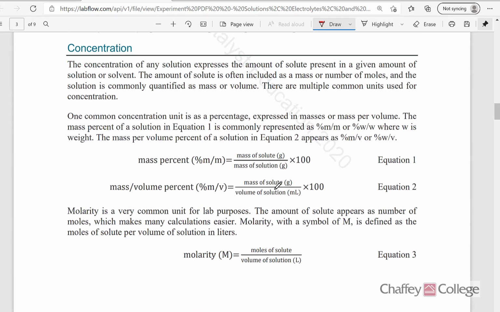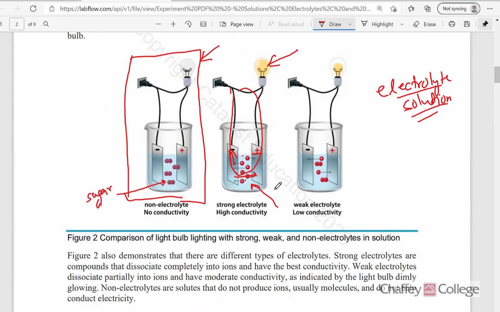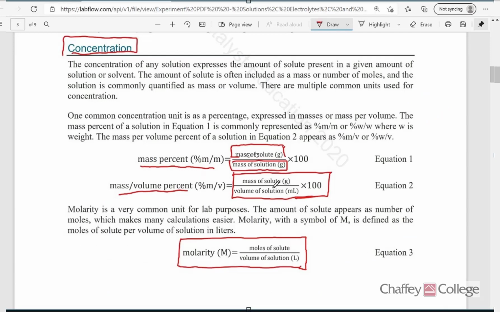In the final section of this lab, we will calculate the concentration of various solutions. Concentration can be calculated in various units. Most of the concentrations are ratios. For example, mass percent concentration is the ratio between the amount of solute to the amount of solution times 100. That's the mass over mass percent.